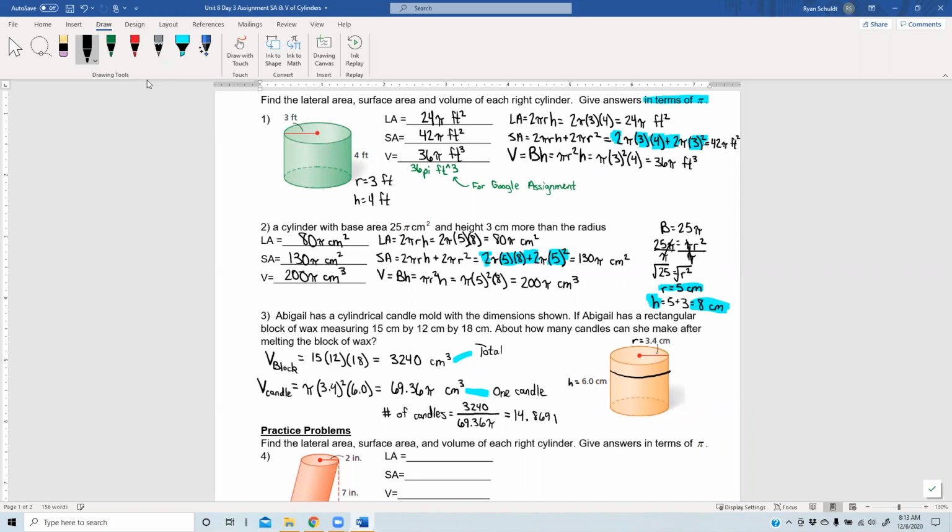It's not a full candle. So she's going to just let that solidify again, and she'll use it later. With this single block, she can only make 14 candles. The rest, she probably won't throw away. She'll just save it and melt it the next time she makes candles. But for this block, she can only get 14.